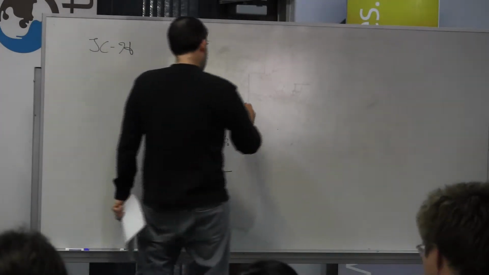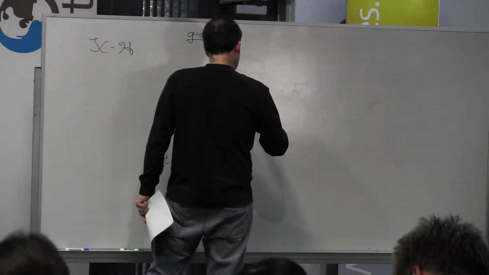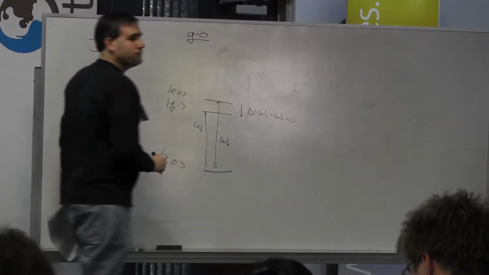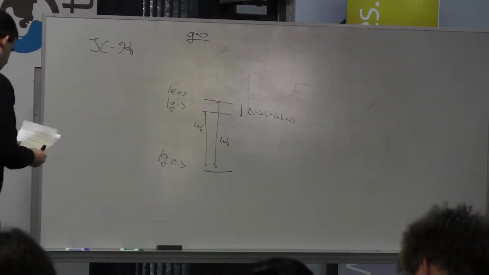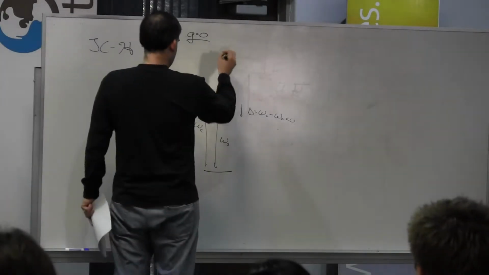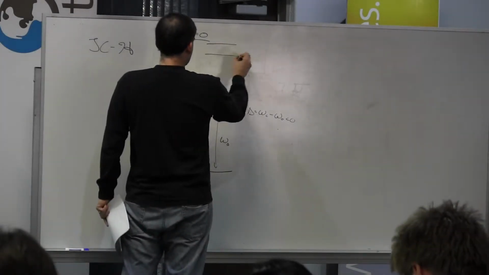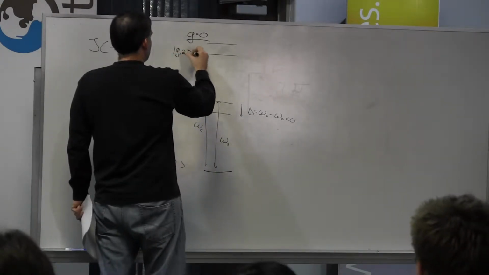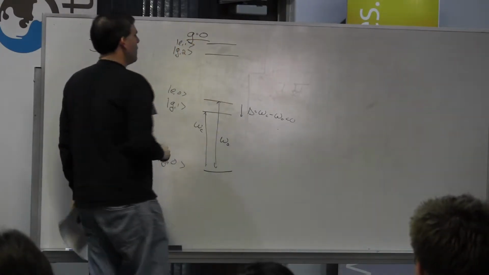And as I've drawn it here, the detuning is negative, just because. Okay, and then similarly, there's another set of states up here, separated by the same amount. This would be one where there's either 2 or 1 photons in the cavity.